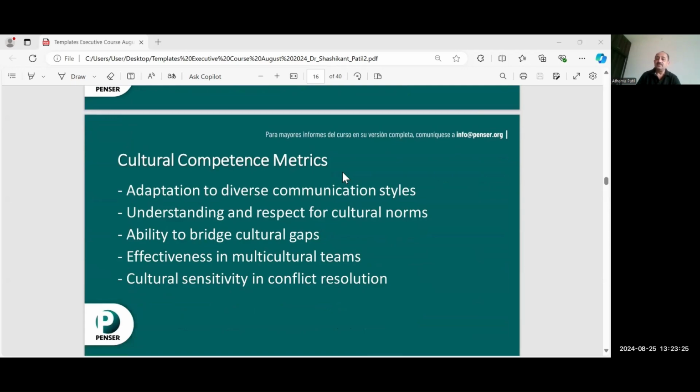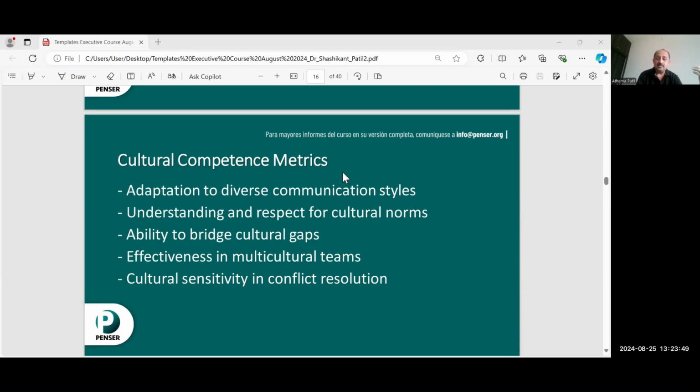Then the last one, which is very important, is cultural competence metrics. Here you need to work on adaptation to diverse communication styles. Your communication style should be very useful, very concrete, very productive. It should not create other consequences. You have to understand and respect the cultural norms.